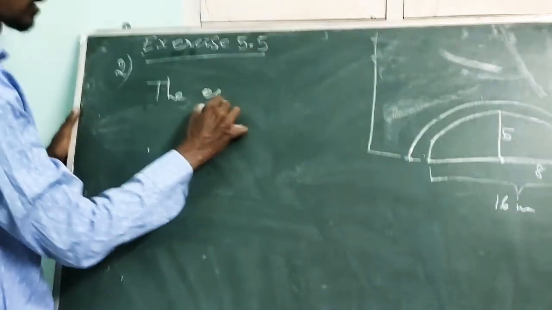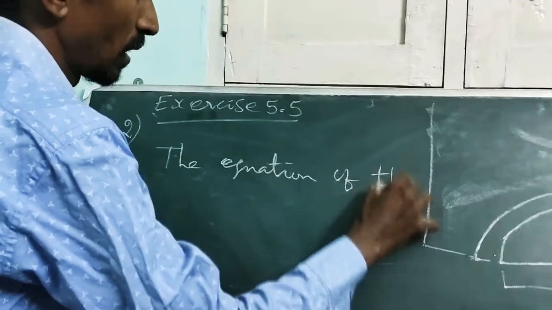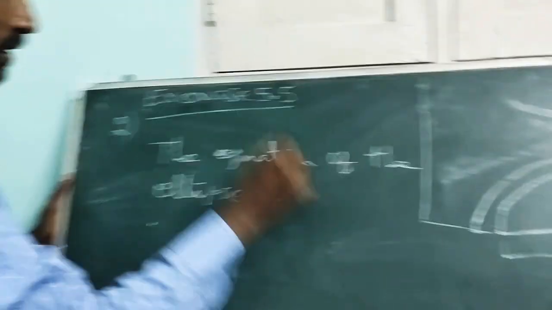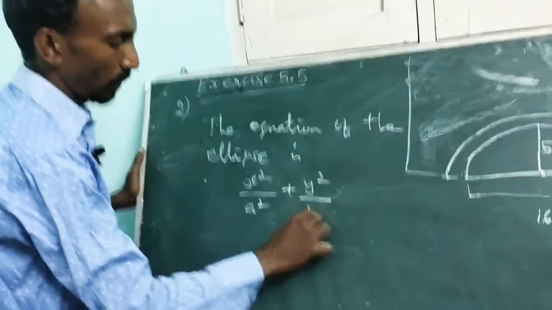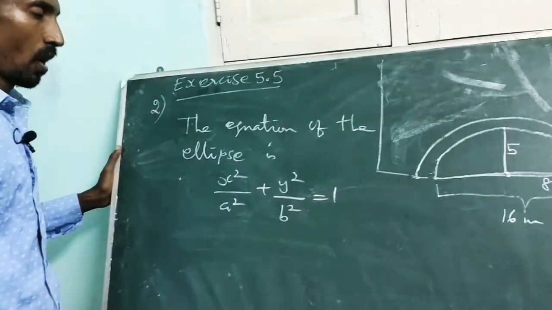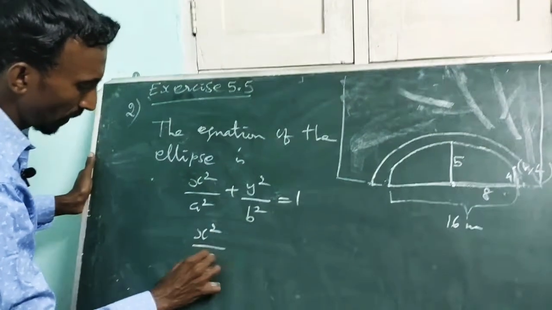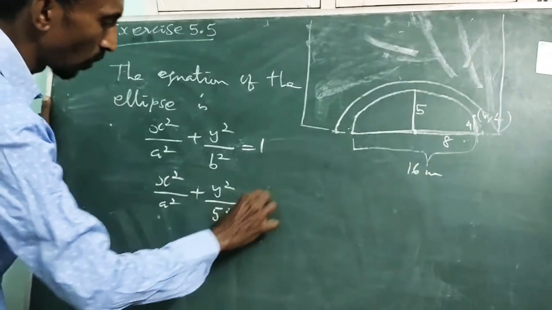The equation of the ellipse, again assume the standard type, is x square by a square plus y square by b square equal to 1. Obviously b value is 5. So x square by a square plus y square by 5 square equal to 1.